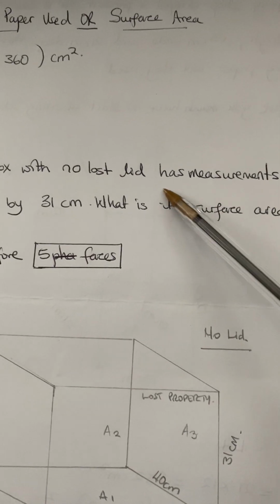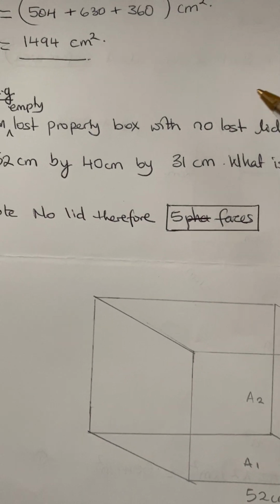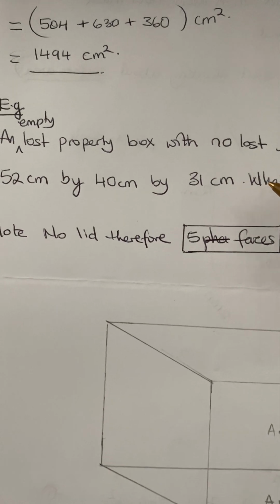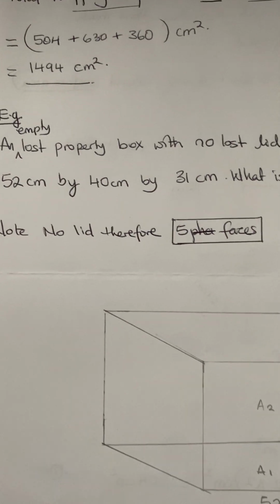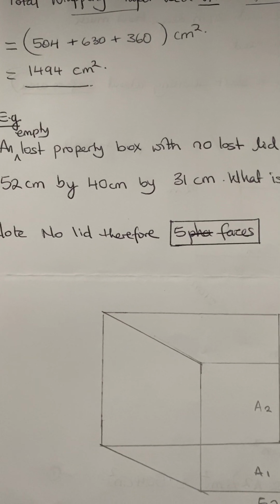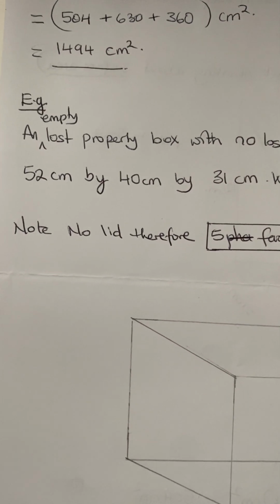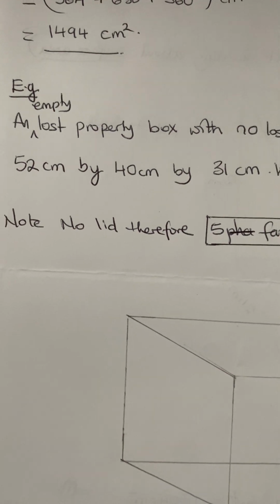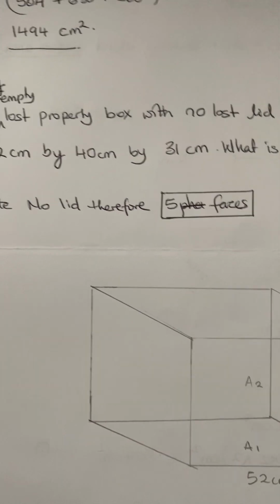Here again, you have an empty lost property box where they find lost property, maybe in a school. It is put in there, and there is no lid on the box. Normally most lost property boxes don't have lids because of mold and stuff.